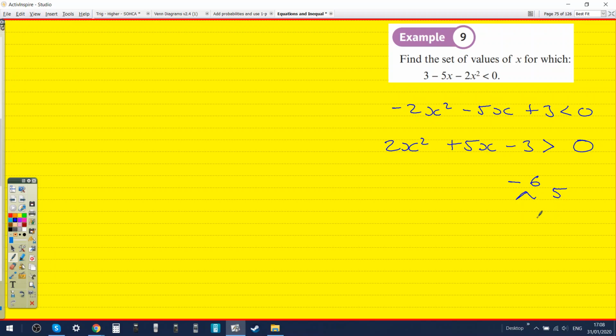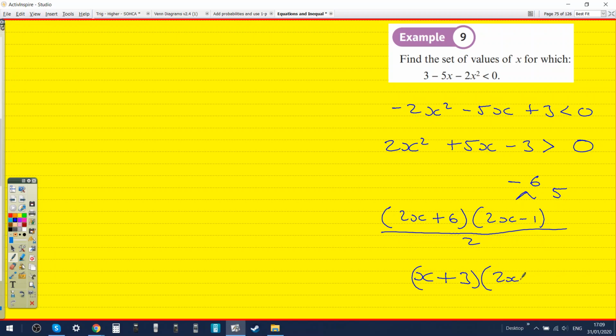So 2x plus 6, 2x minus 1. Okay. And simplified to get x plus 3 and 2x minus 1. Yeah. And then we found that so x equals minus 3 or plus a half. Okay.